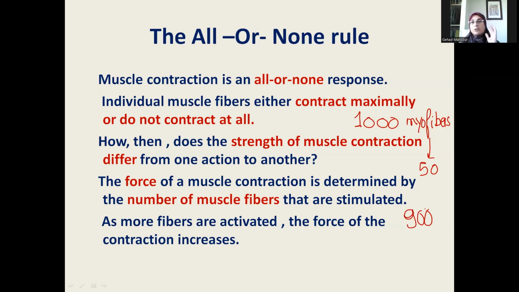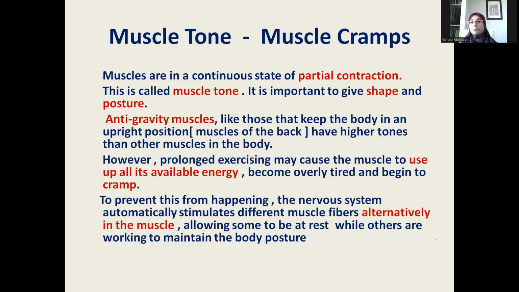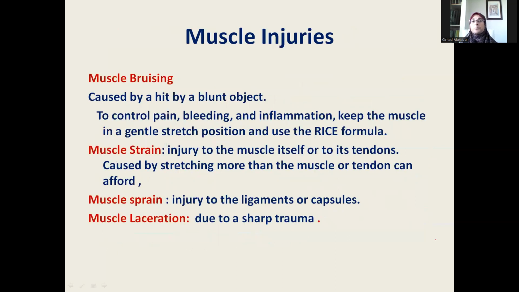Individual muscle fibers either contract maximally or do not contract at all. So how then does the strength of muscle contraction differ from one action to another? The force of muscle contraction is determined by the number of muscle fibers that are stimulated. As more fibers are activated, the muscle strength will increase.